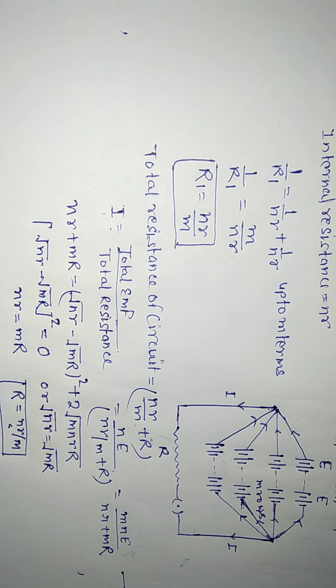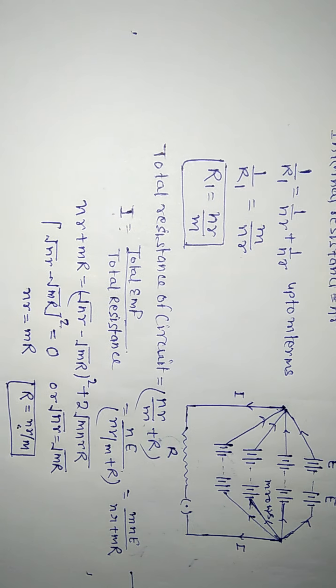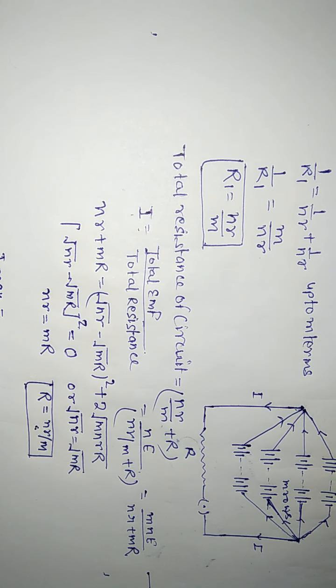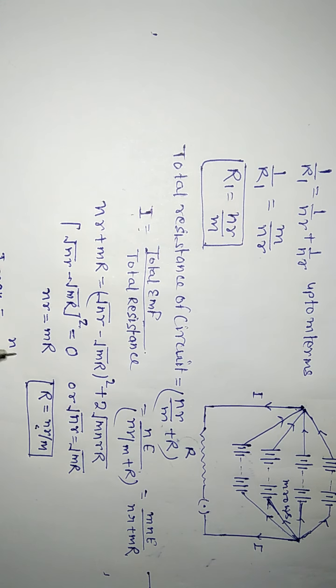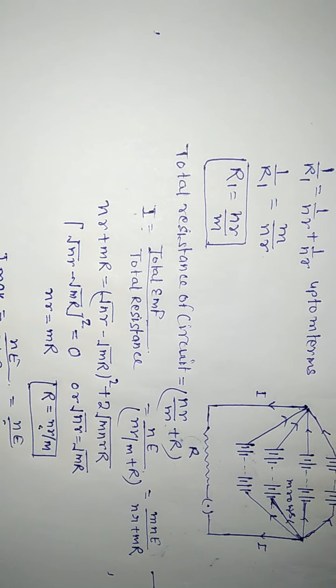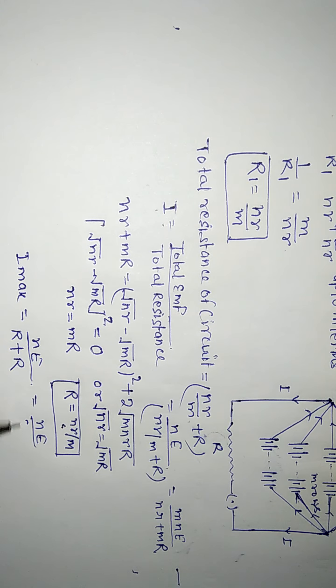In this situation, the value of maximum current will be equal to Imax is equal to nE upon R plus R, or equal to nE upon 2R.